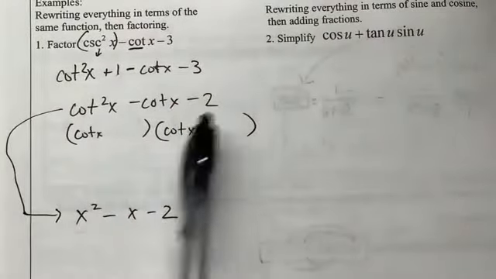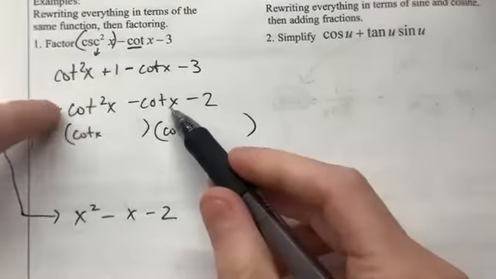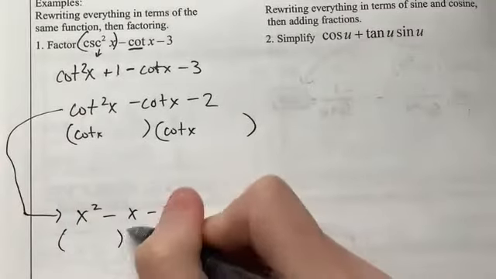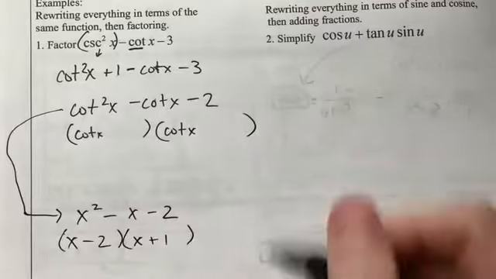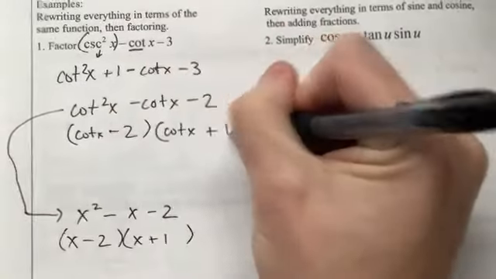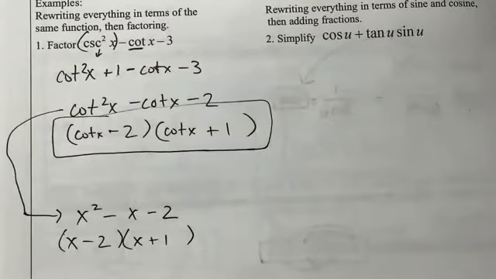So you're just thinking of 2 numbers that multiply to negative 2 and add up to negative 1. It's a little confusing looking at it this way, but if you factor this one first, it might help you. This would be like x minus 2 and x plus 1, so minus 2 and plus 1. Sometimes you can go further from there, but for this one, we'll just stop there. I don't think there's much else useful you can do on that one.